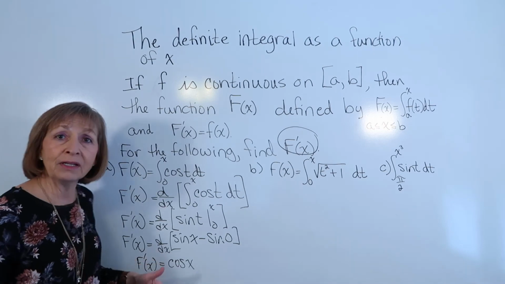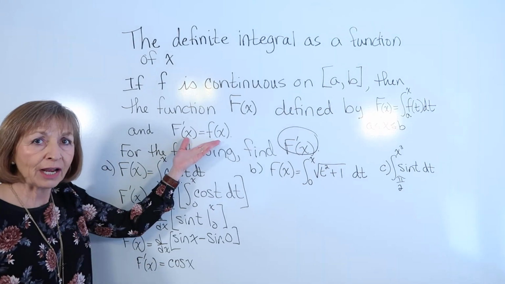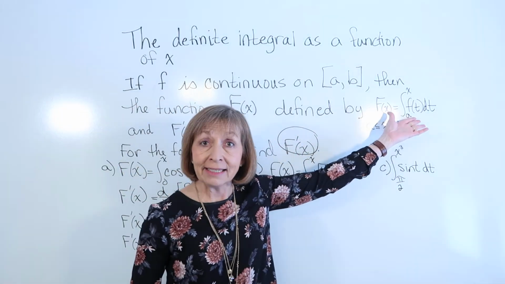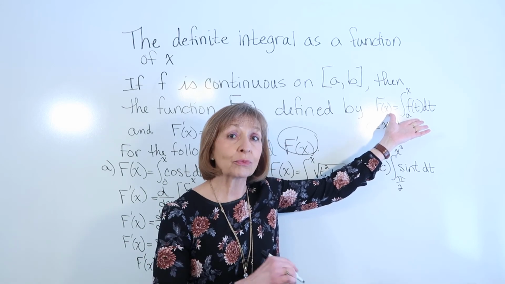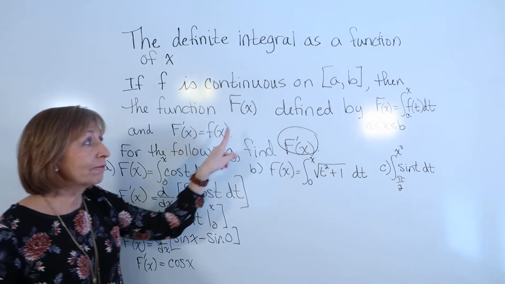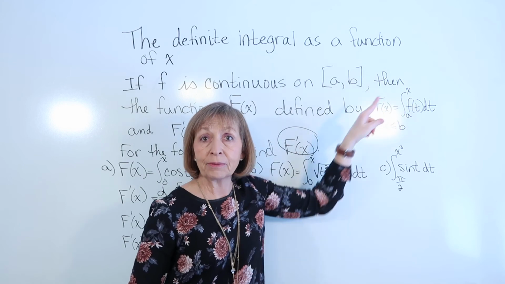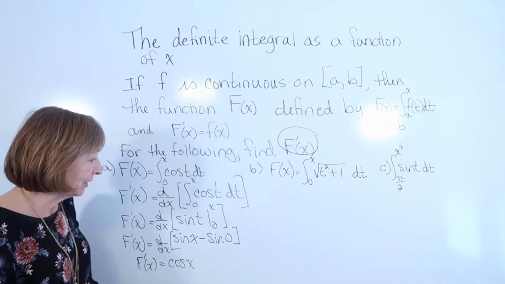And once I realize that that's true, I can say that's what they were trying to tell me here. That when my function is defined as that type of an integral, and I take the derivative of it, I am going to get the function that was in the integrand in that variable x now, instead of in the variable t.